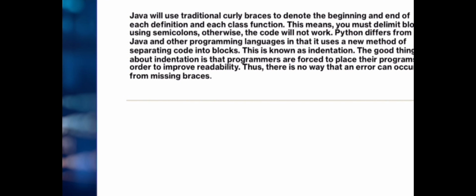This is known as indentation. The good thing about indentation is that programmers are forced to place their code in order to improve readability. Thus, there is no way that an error can occur from missing braces.